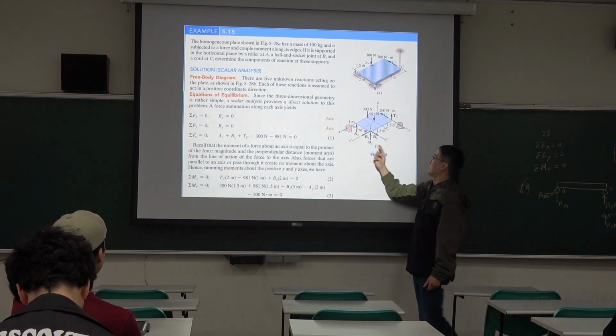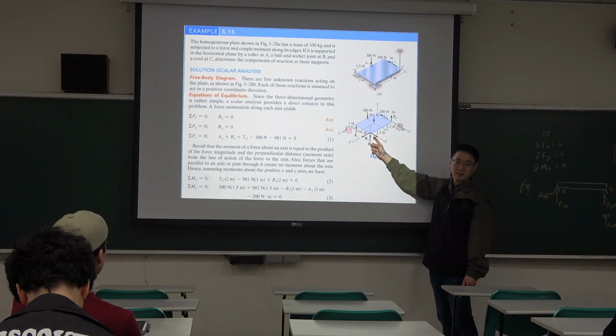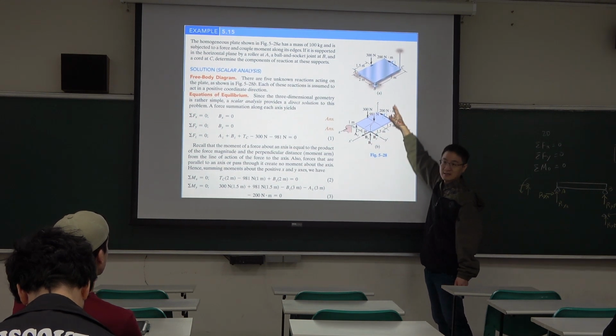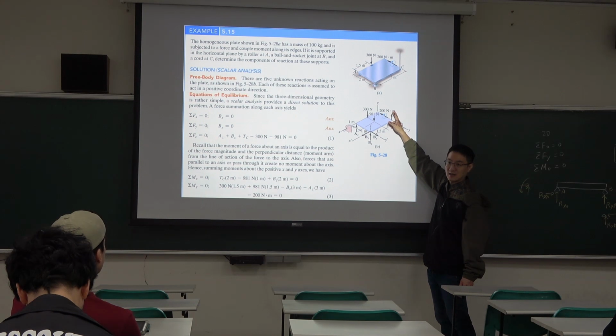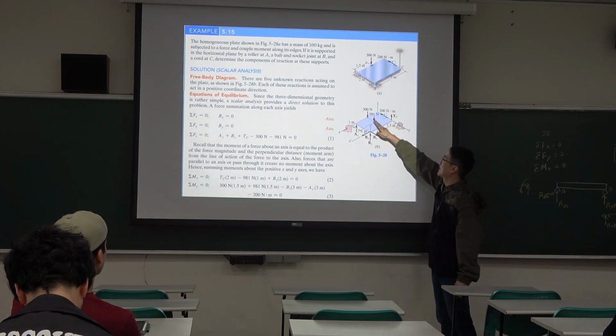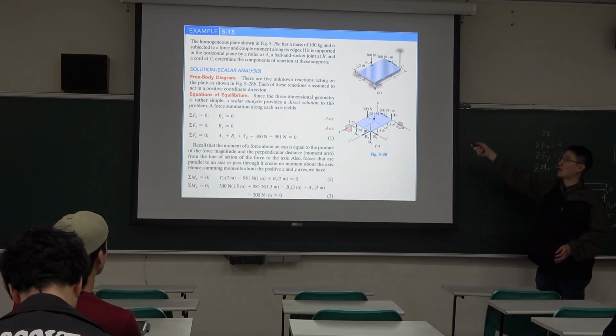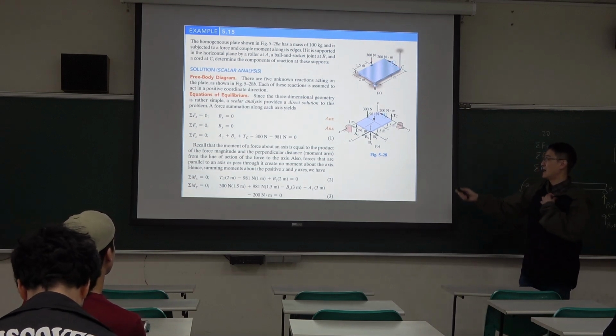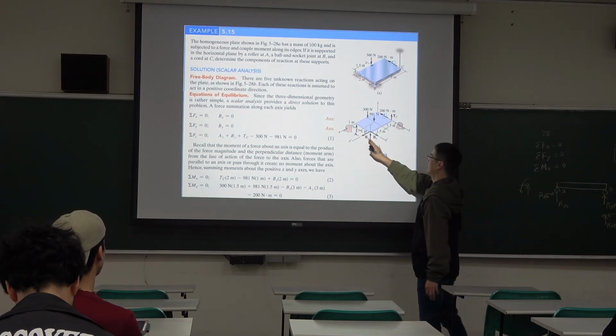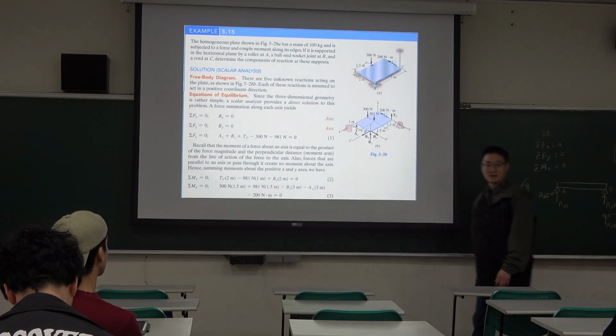Ball and socket, three directions of force. Cord, only tensile force. Okay, so that's the free body diagram. Looks like we have self-weight, external loading, couple moment, and 1, 2, 3, 4, 5 reactions.